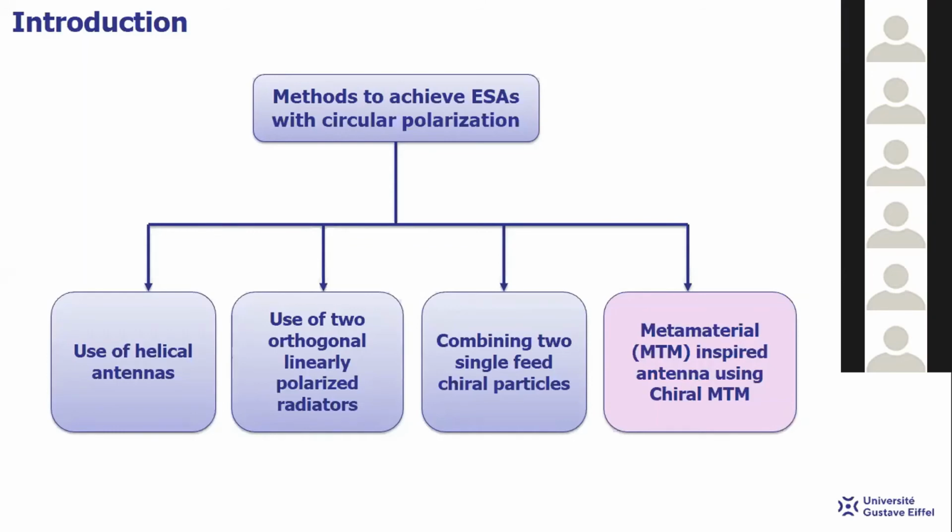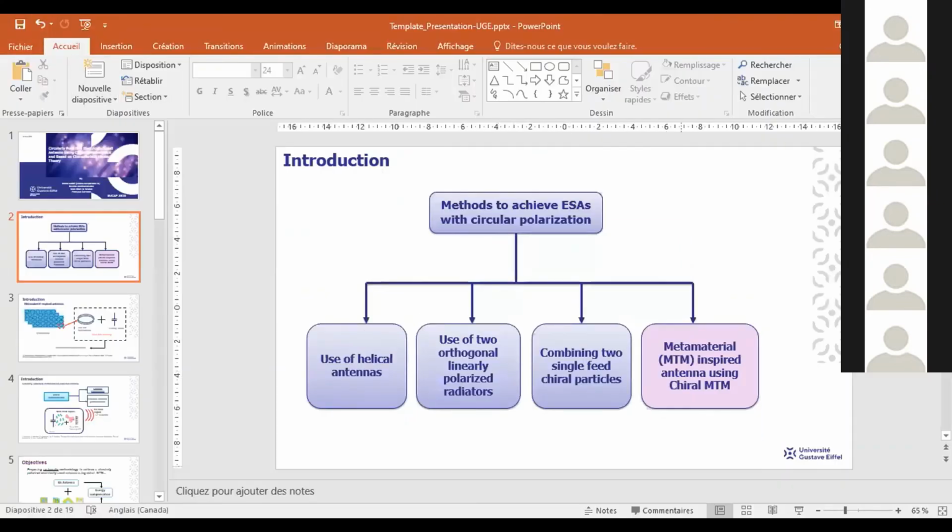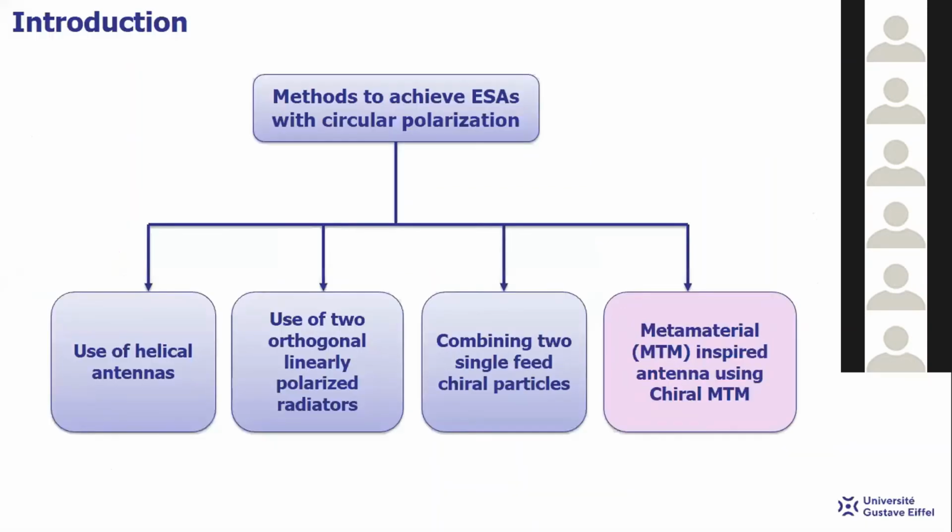Mainly, we have 4 methods to achieve electrically small antennas with circular polarization. The first one is based on the use of a helical antenna. It was demonstrated that a helical antenna can achieve CP radiation.